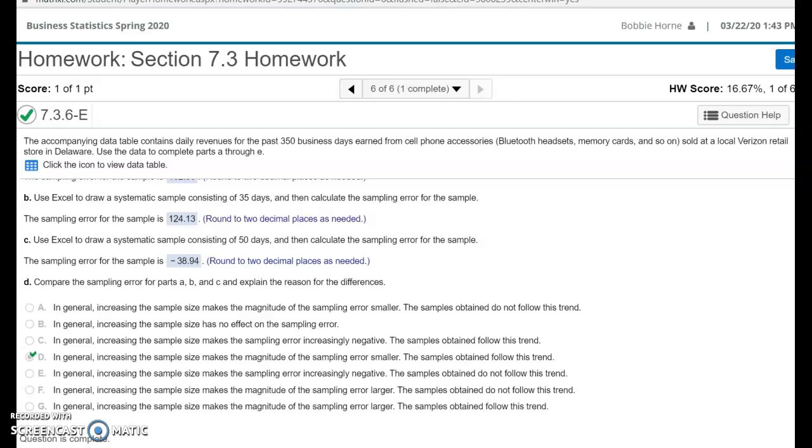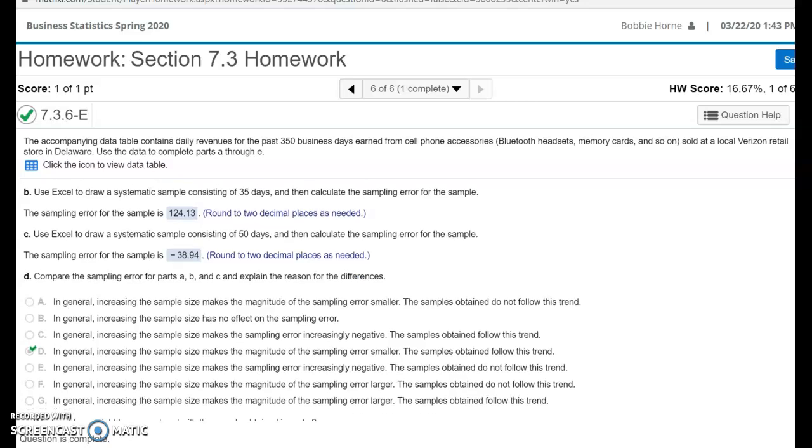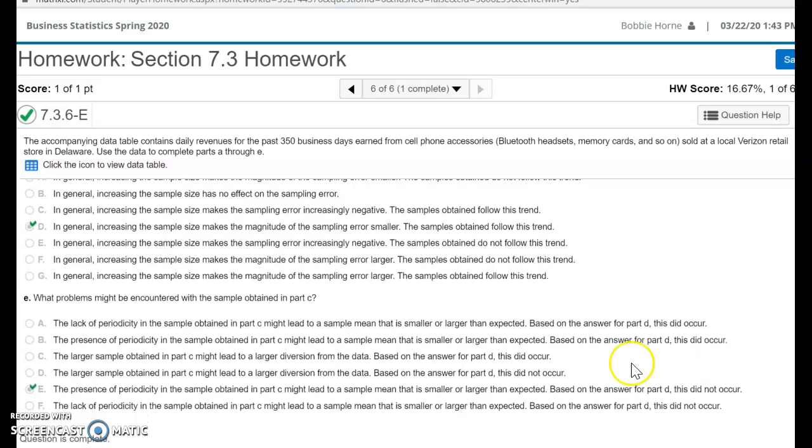So we could run into a problem with periodicity where the average of Sundays is not going to represent the population average, but we didn't here because the sample mean is still pretty close to the population mean.